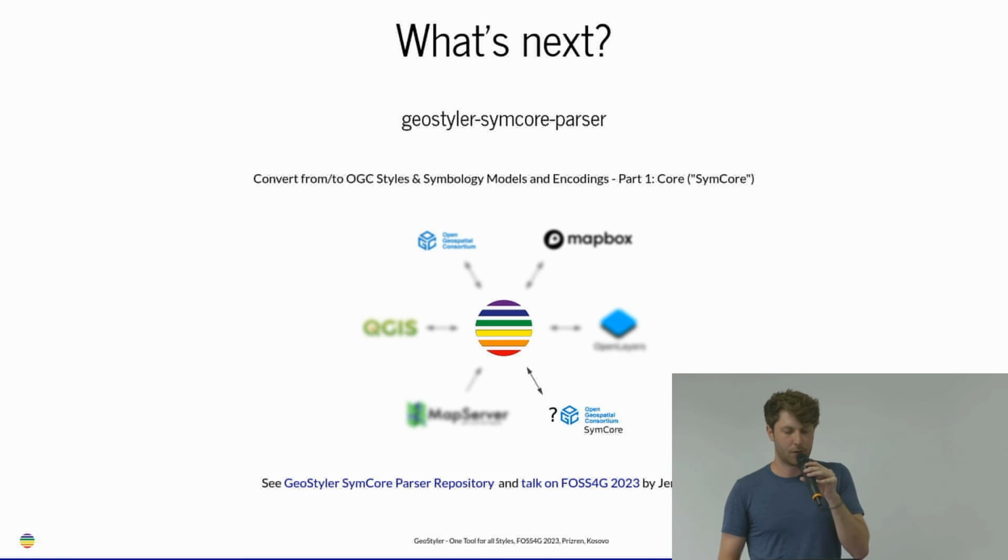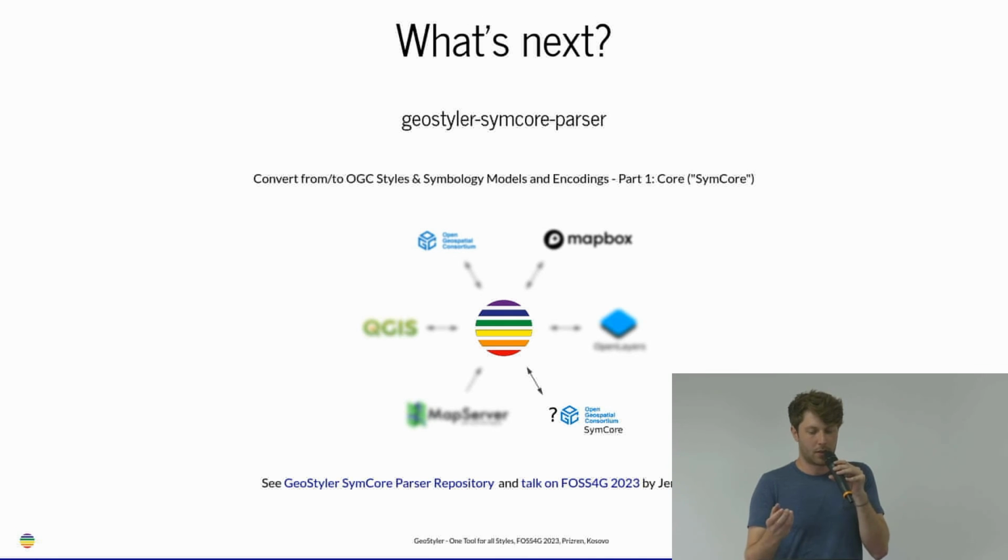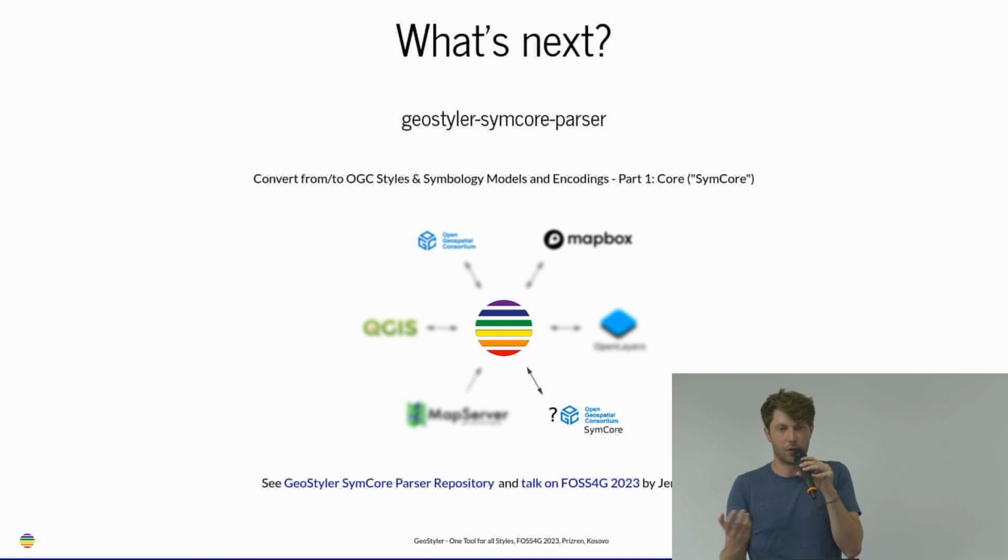We still need to create the parser, but we hope that we can provide this in the future for better adoption of this new format, especially in combination with this conversion possibility. It might come in handy when you want to switch to the new format or just want to use it in your backend, for example, with the OGC API styles endpoint, so that supports multiple styles. In that case, GeoStyler probably will come in quite handy.